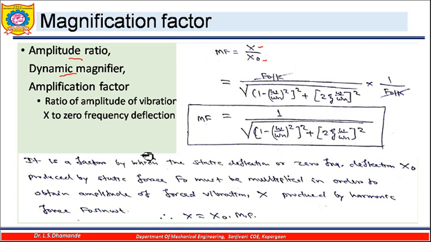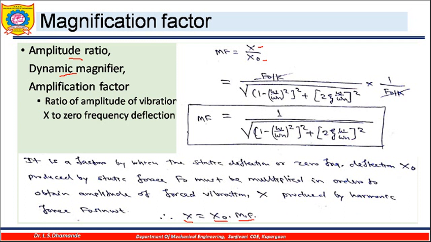It is actually the factor by which the static deflection, or zero frequency deflection x0 produced by the static force, must be multiplied in order to obtain the amplitude of forced vibration x produced by the harmonic force F0 sin omega t. That means if I have to obtain x, I have to multiply x0 by the magnification factor.